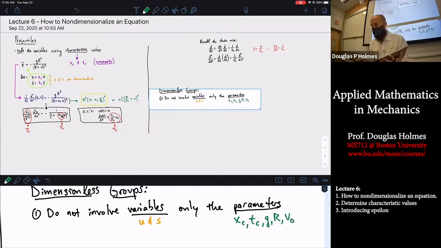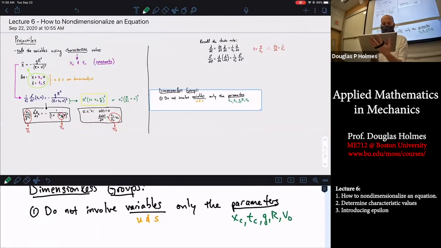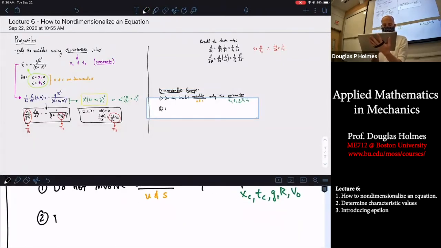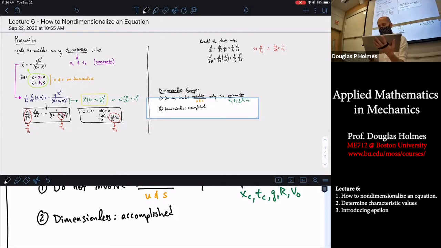Number 2, they're dimensionless, and we accomplish this by just rearranging the equation and grouping terms together. So there is a little bit of work that needs to be done on your part. This part should be obvious from the definition. But this part, I think, is the part that can trip people up, is the fact that we have to accomplish this by rearranging our equations.